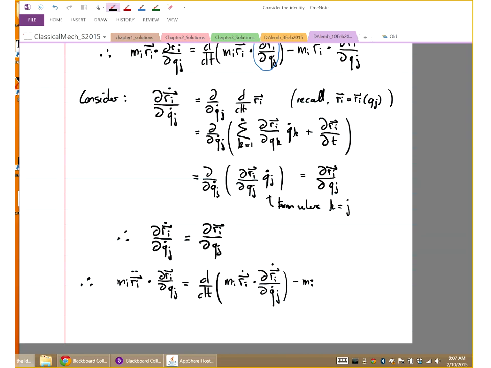And the last term stays the same: minus m_i ṙ_i dotted with ∂ṙ_i/∂q_j. And circle that in blue. I think that's the term that we changed. Okay?